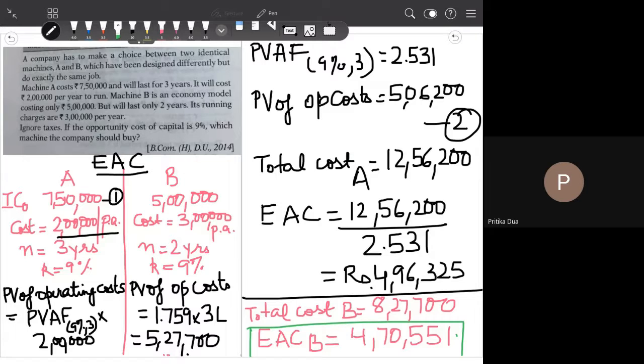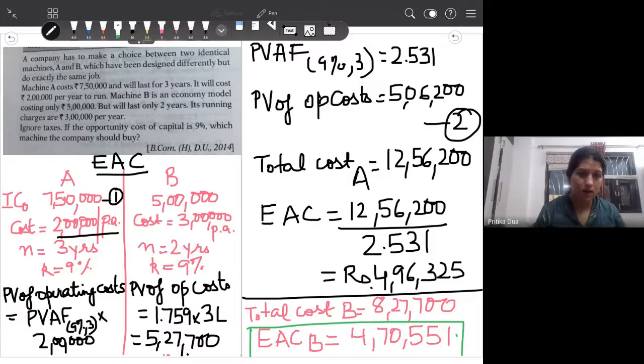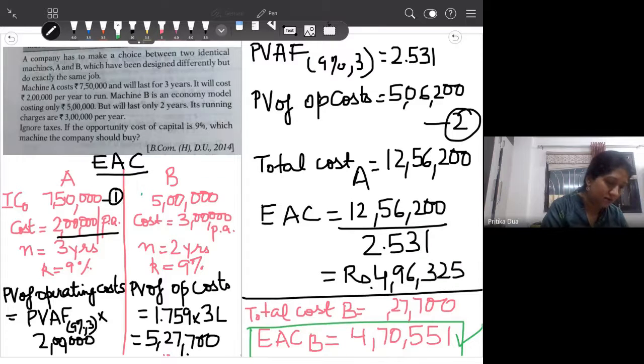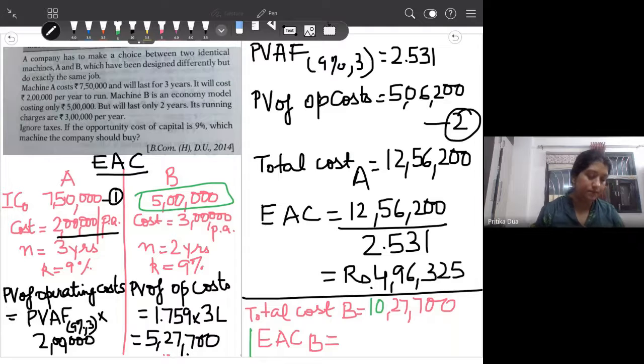Okay, one correction here. This value, actually, I have taken this with 3 lakh as recorded. This is 5 lakh. So this is 10 lakh 27,000. To just correct this value, this will be 10 lakh 27,000.